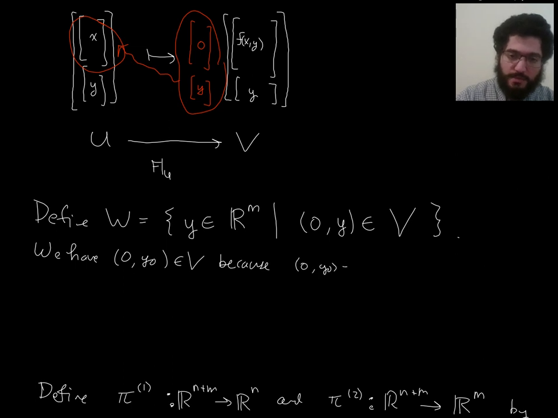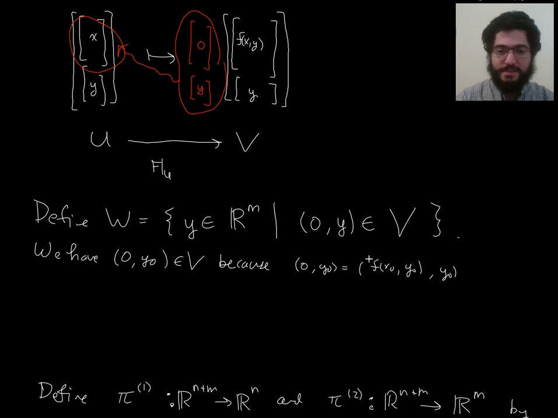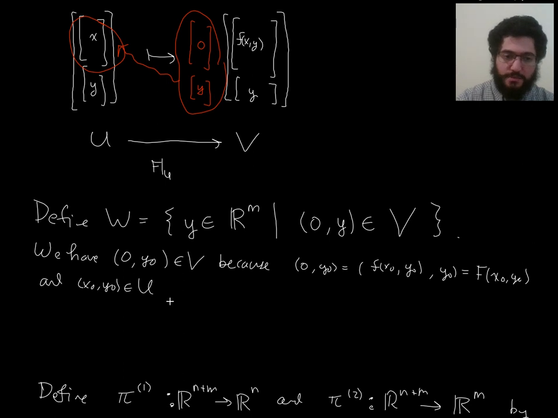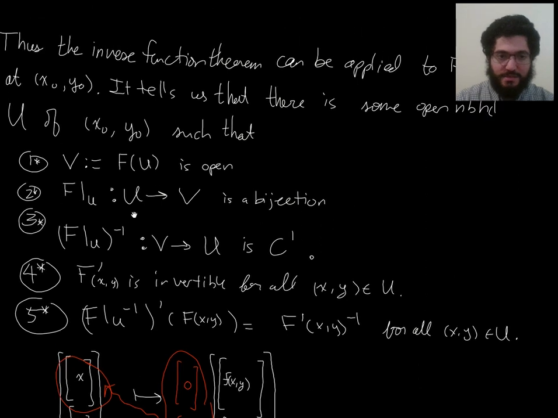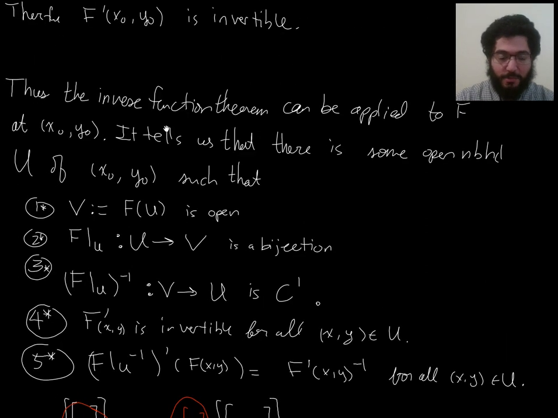0, y naught is, another way to write 0 is f of x naught, y naught, right? Since we assumed at the very beginning that x naught, y naught satisfy the equations specified by f. And this is capital F of x naught, y naught. And x naught, y naught is in U. That is part of what we got from applying the inverse function theorem.